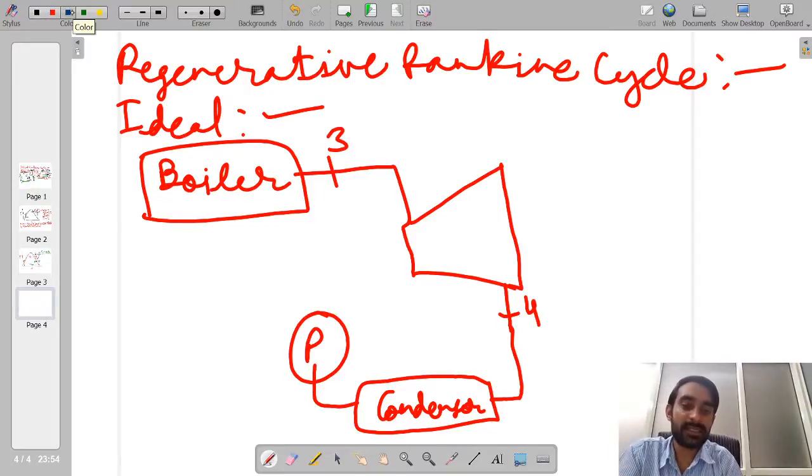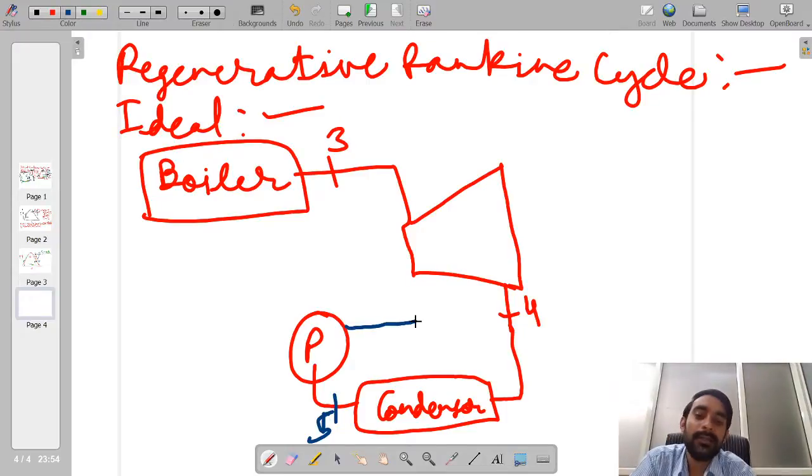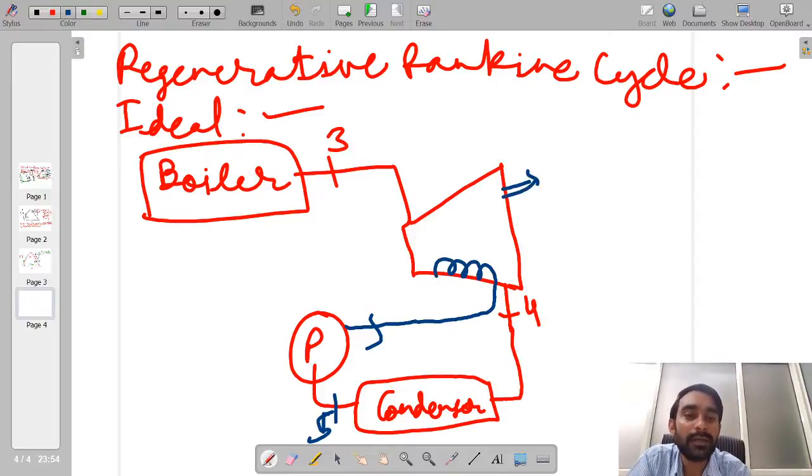Now what is particularly done in an ideal regenerative Rankine cycle: once we get the saturated liquid out of the pump, it is first passed through the casing of the turbine. Okay, so this is nothing but our turbine.